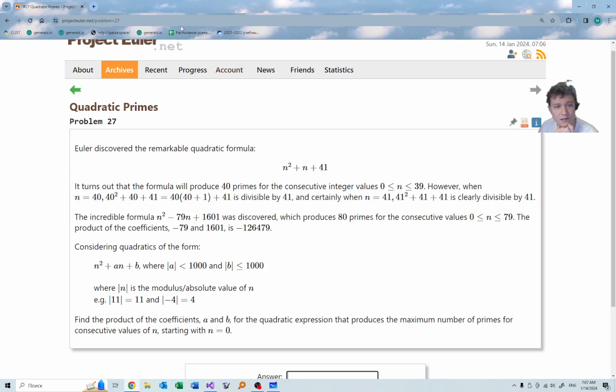Since this formula is incredible and it was discovered, and it has b greater than 1000, it is easy to see that it is unlikely that we will have much more than 80.